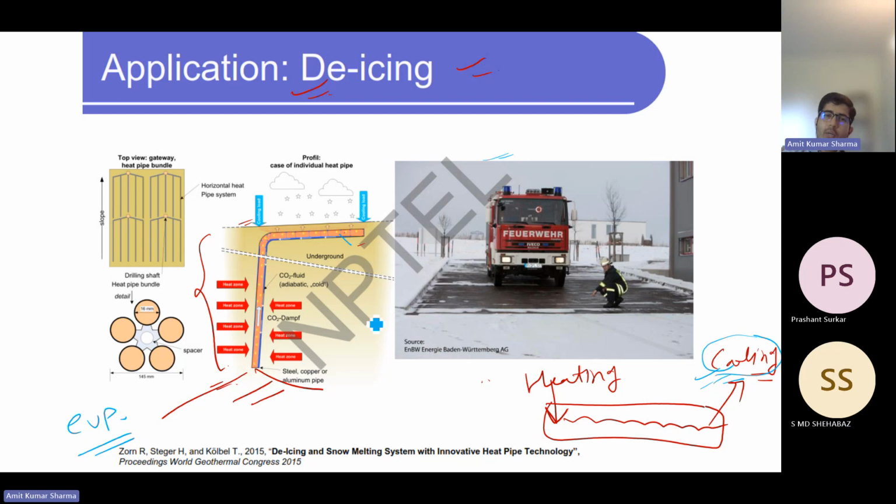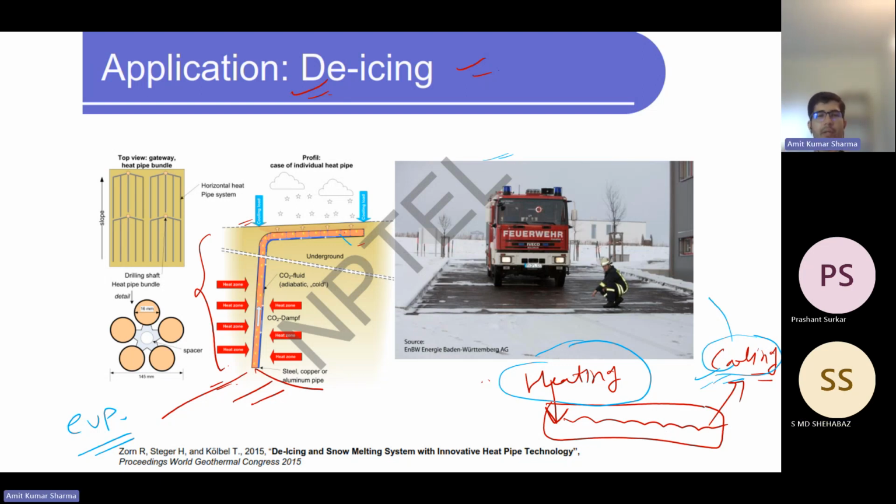So what is this heating and cooling? What does this heating and cooling mean? Just tell me that. When I am saying that we are heating at the evaporator and we are cooling at the condenser, in which context am I talking about this heating and cooling? Heat pipe only, no, sir.